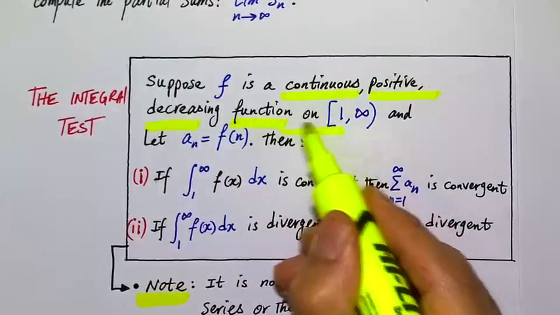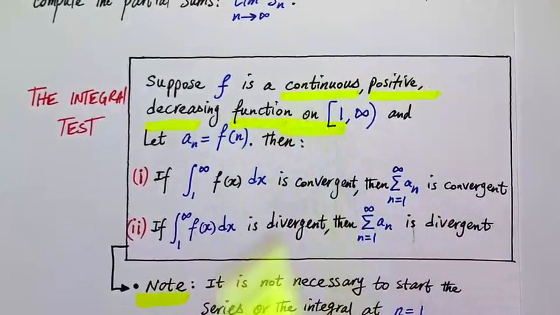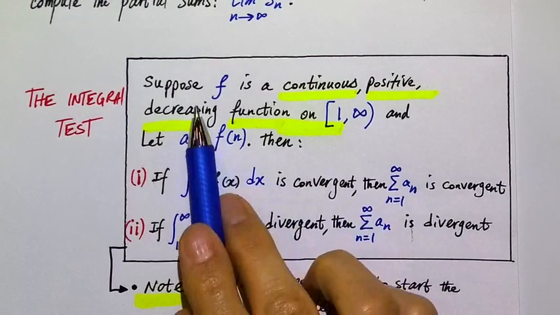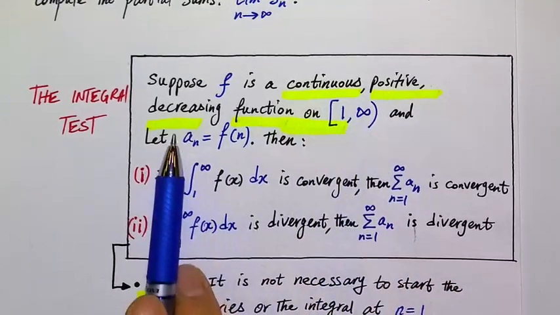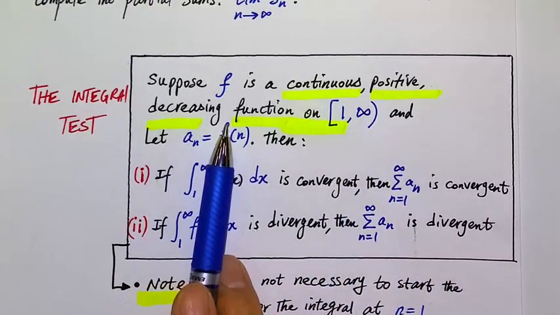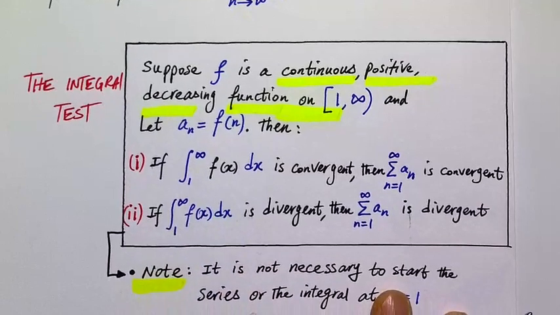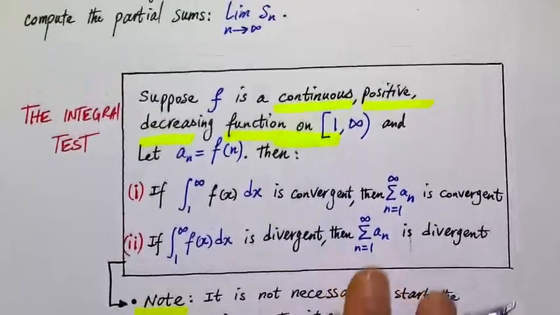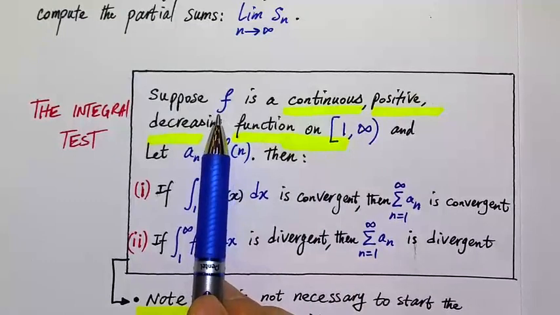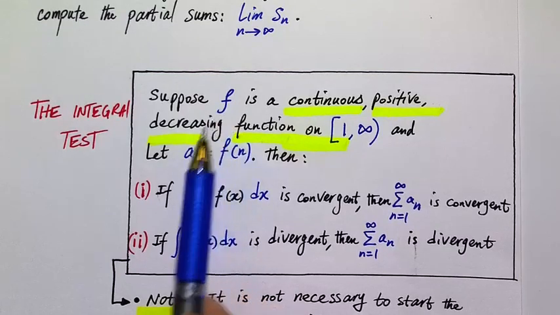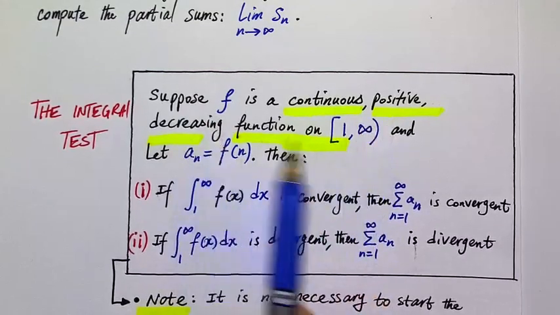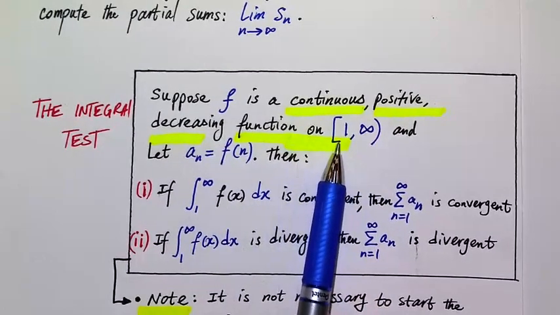On this interval, it must be that the function is continuous, it must be that the function is positive, and it must be that the function is a decreasing function. You could have a function that has erratic behavior in other regions of the plane, and it doesn't matter. As long as it's positive and decreasing over this interval is what we care about.